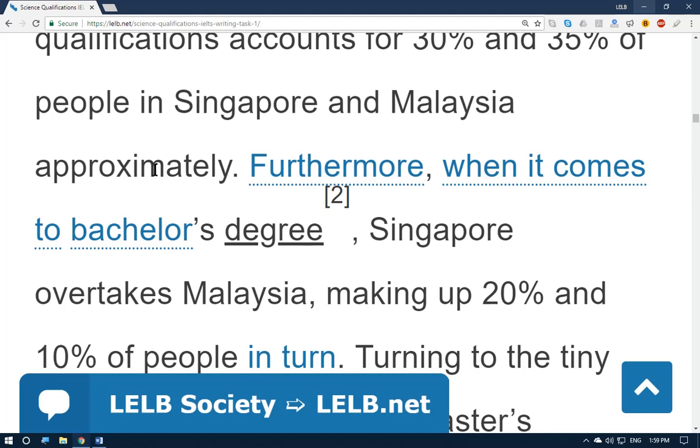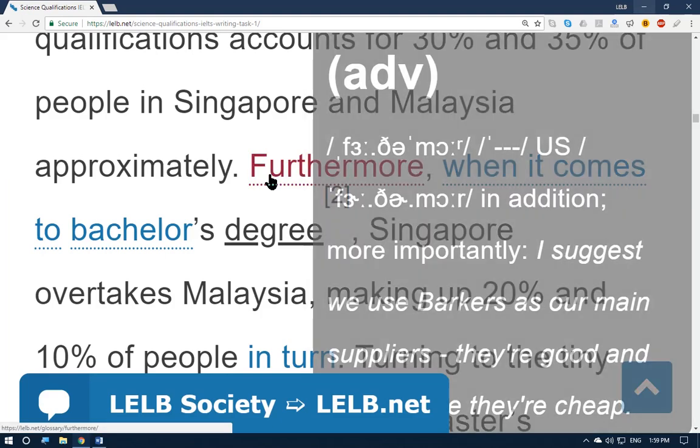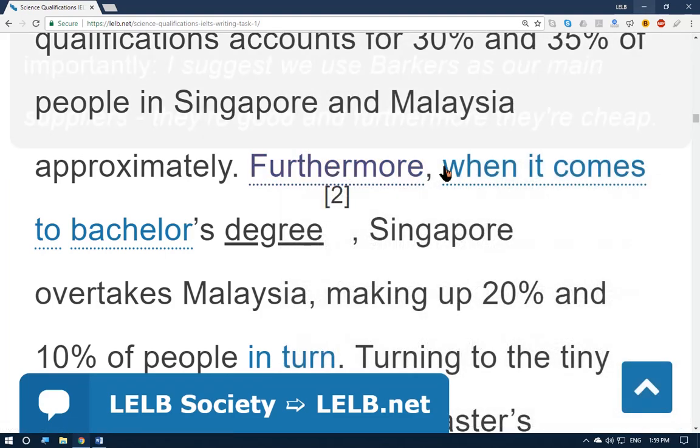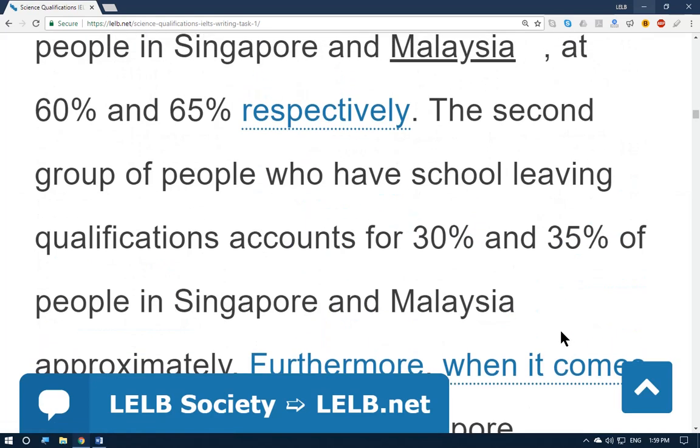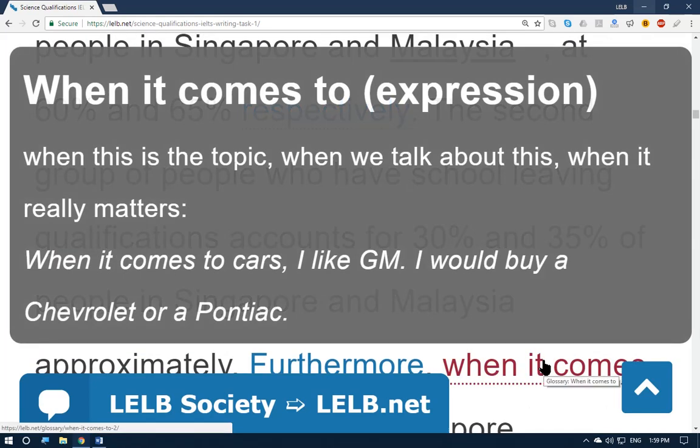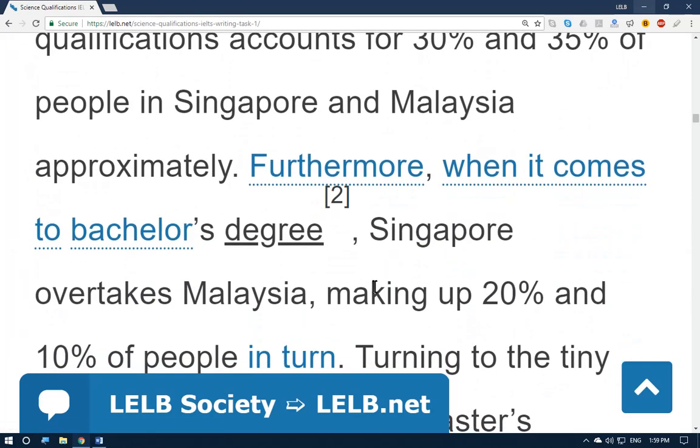Furthermore means moreover. When it comes to means when this is the topic, when we talk about this. When it comes to bachelor's degrees, it's better to pluralize degree, say bachelor's degrees.